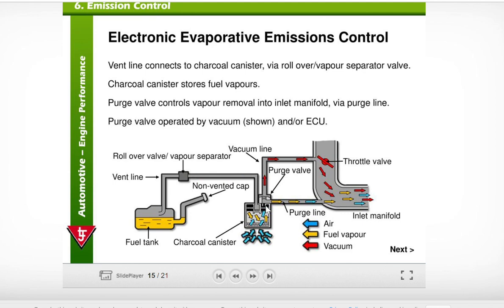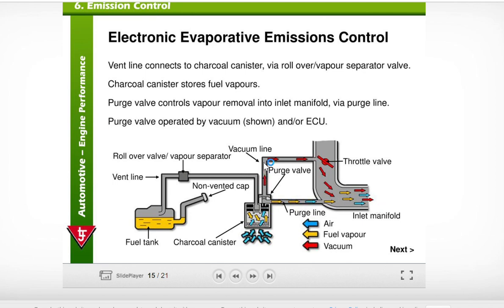So this vapor is then collected inside this container. It's usually a plastic housing, but inside it has activated charcoal, and it stores the fuel vapor here, waiting for it to be discharged. Now, once the purge valve is triggered by the ECU, it opens, and the vapor flows into the stream of air going to the engine, where it is burned.